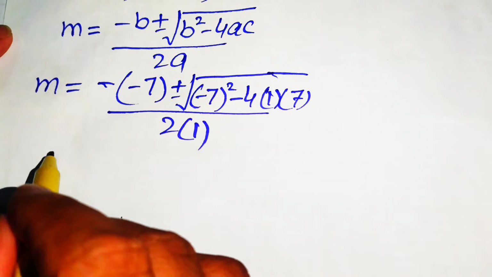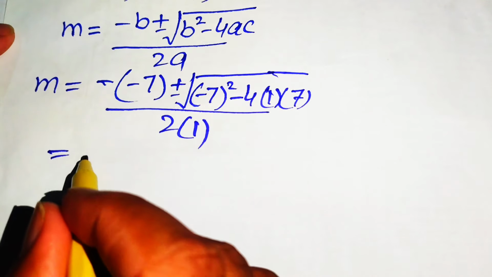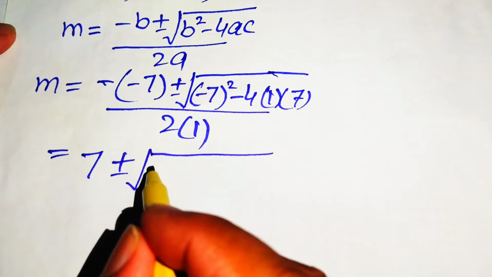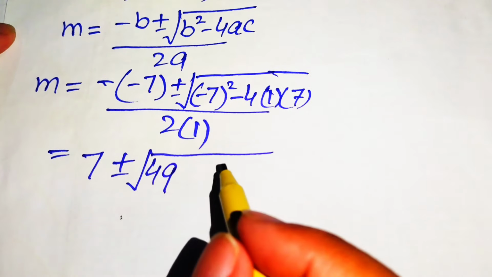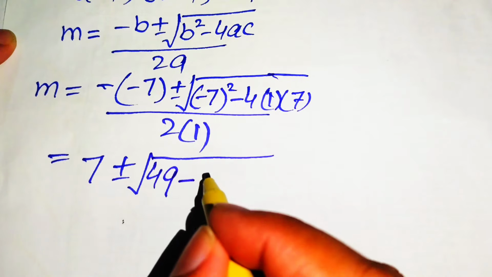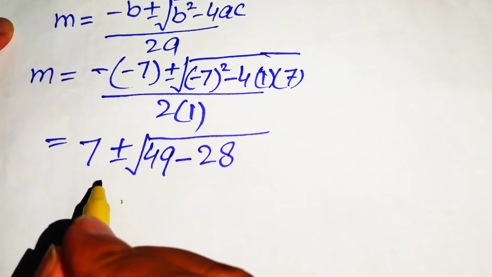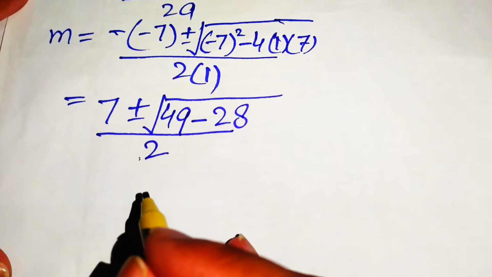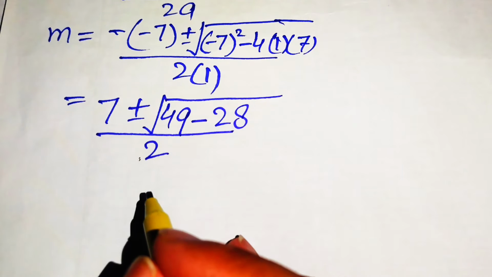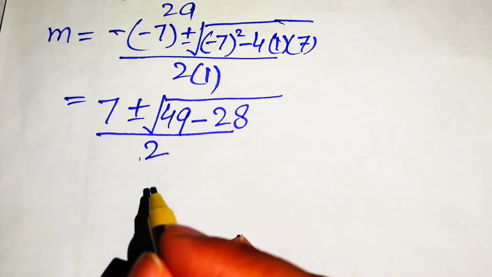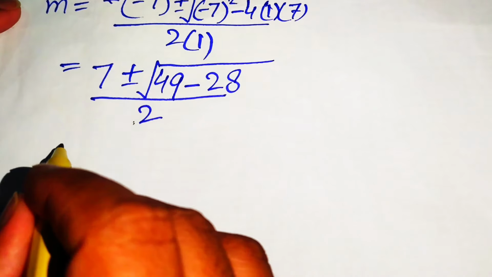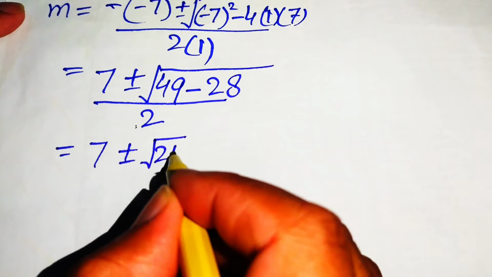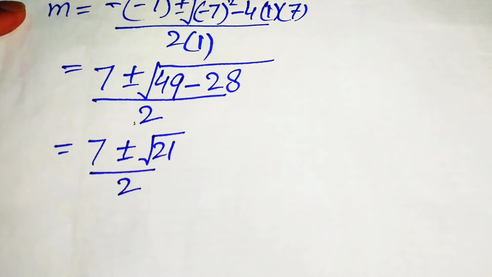With some simplification, minus times minus becomes plus 7, plus minus square root of 49 minus 28, all divided by 2. In the next step, 49 minus 28 equals 21, and we get 7 plus minus square root of 21, divided by 2.